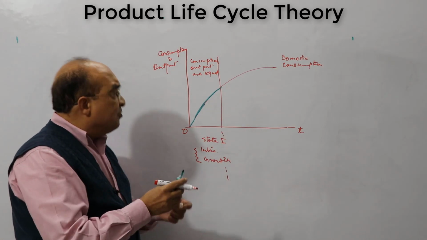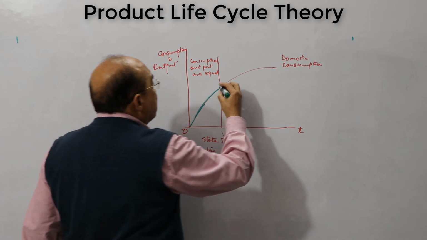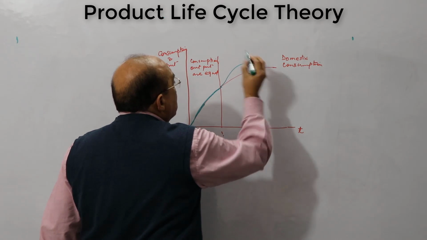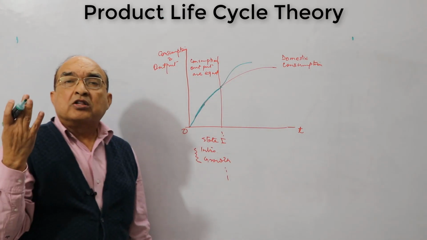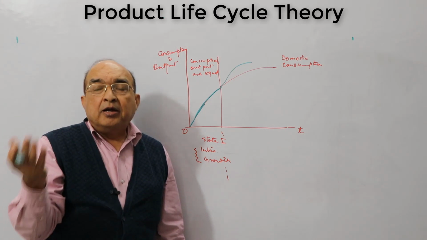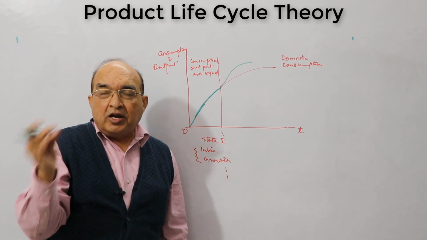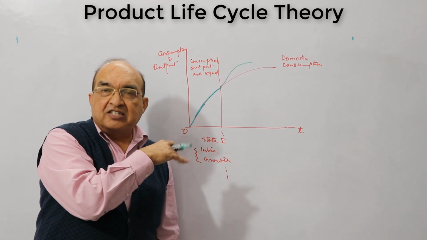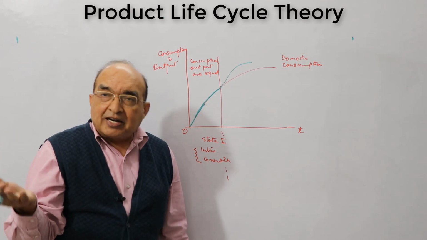Then comes the stage where it attains a certain amount of maturity. The good becomes known. It is well received by the consumer on the basis of the quality of the good, because research and development has gone into it, or because of the very extensive marketing of the product.